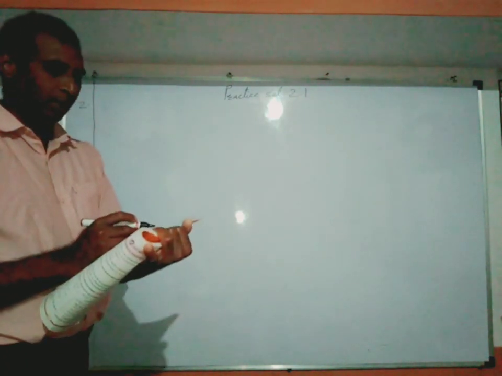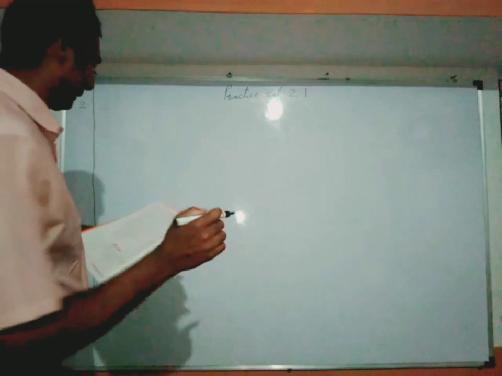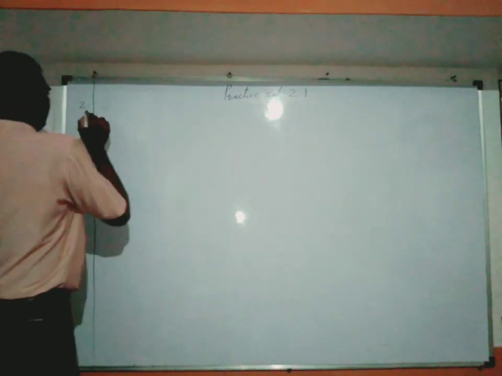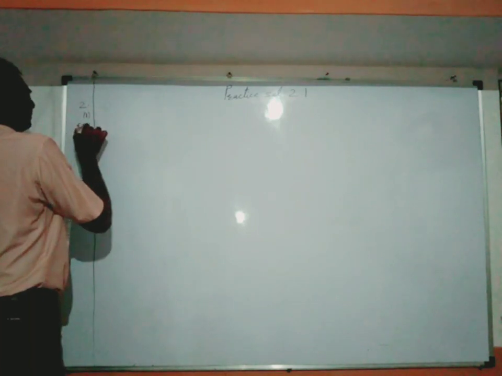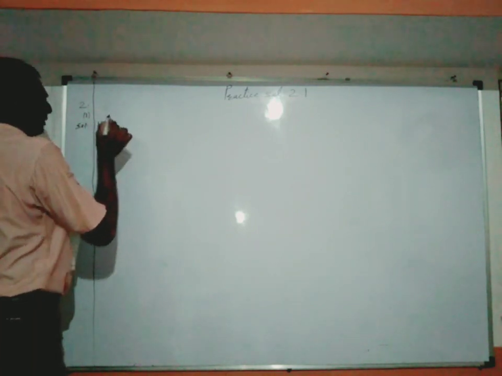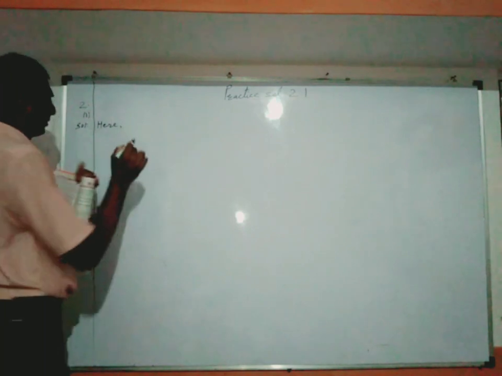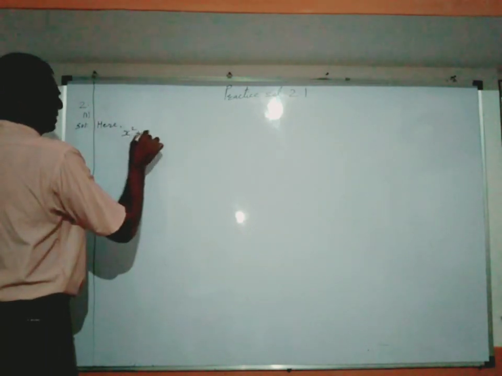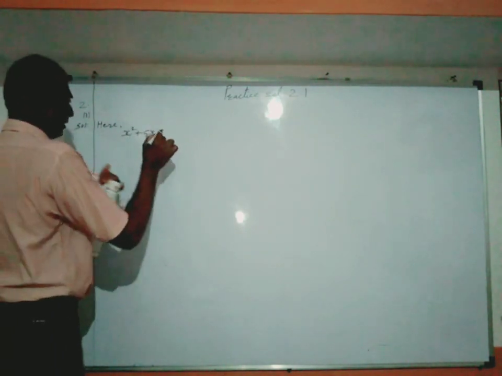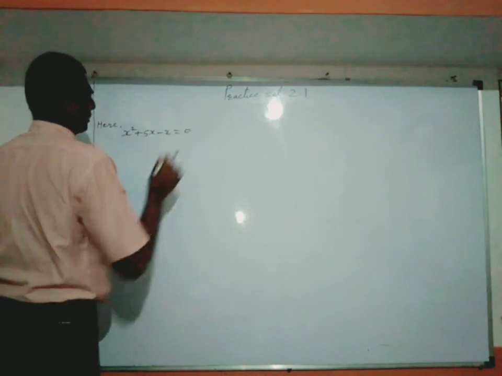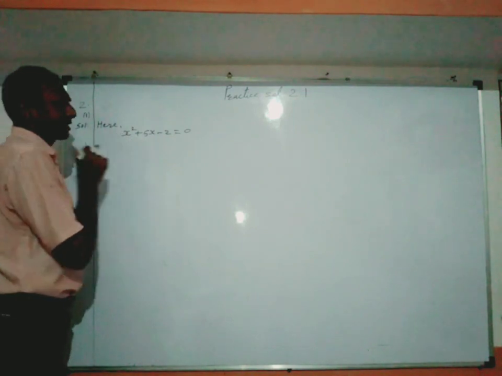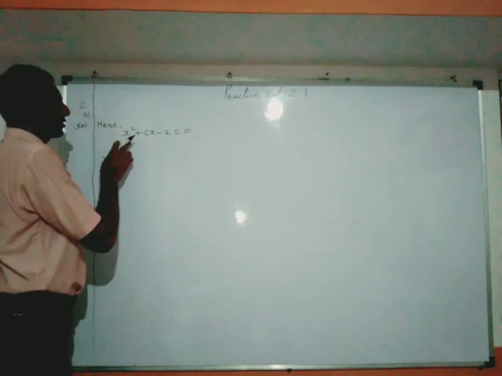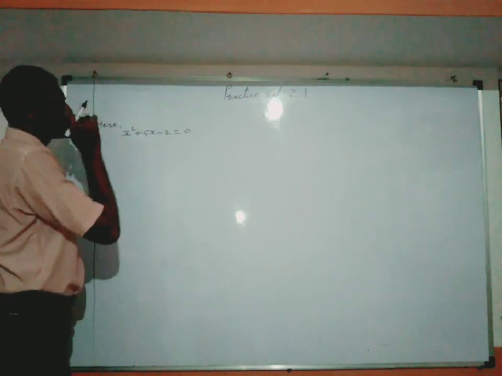Decide which of the following are quadratic equations. Question second, sub question first, solution. Here, given equation is x square plus 5x minus 2 equal to 0. Here you may note the variable is x and the highest index of x is 2.